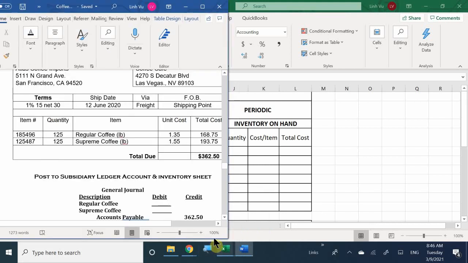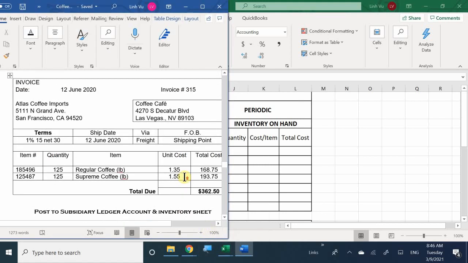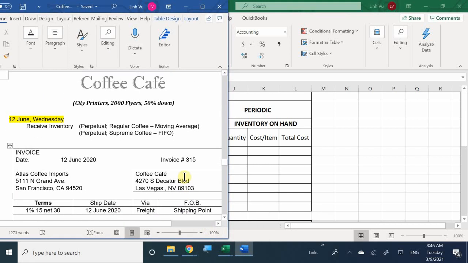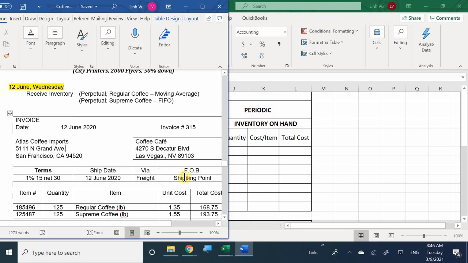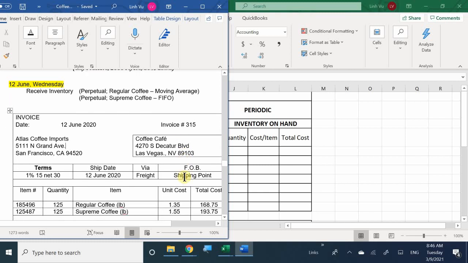All right, let's look at our information real quick. The first one is the regular coffee. How am I going to calculate my regular coffee? What's my costing method for the regular coffee? Moving average. And then what about my supreme coffee?